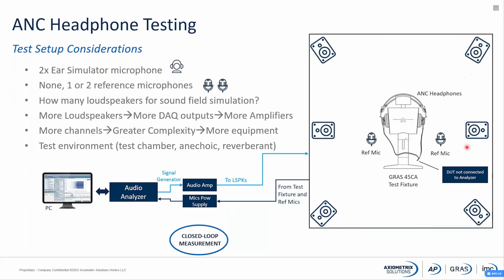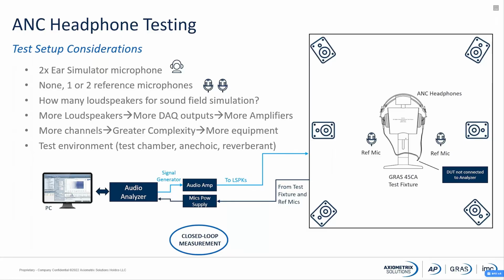So we are going to play back pink noise in these loudspeakers inside a reverberant chamber. We're going to create a diffuse field. We're going to double check how diffuse our field is with reference microphones, and then we're going to perform the measurement with and without hearing protectors. So this is the base we're going to take for our ANC measurement test.